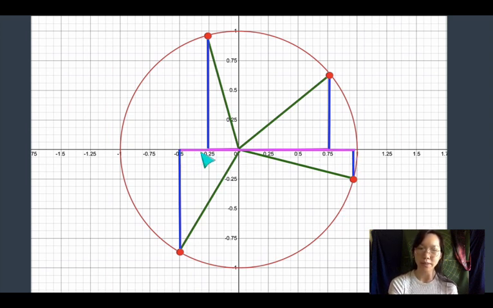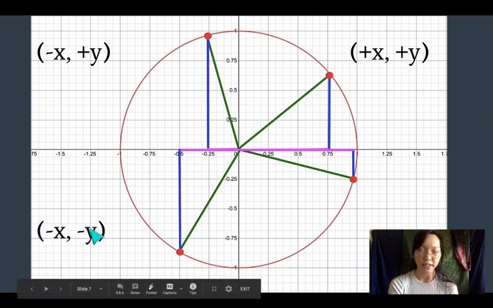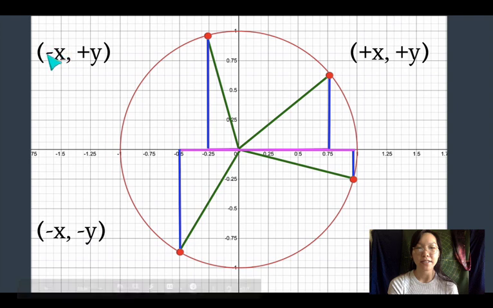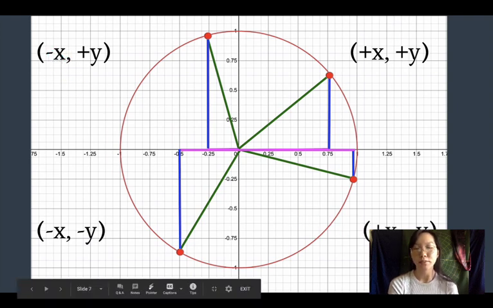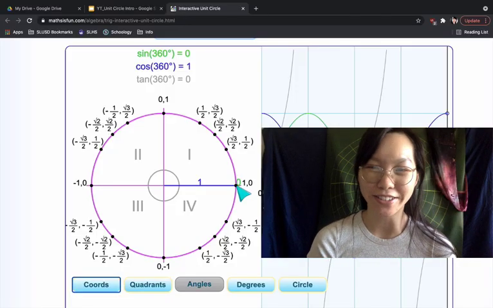The x coordinate being these pink lines and the y coordinates being these blue lines. Also, it's good to keep in mind that all of these coordinates are the same as in middle school. It's always positive over here, always negative over here. On the top left, the x coordinates are negative, but on the bottom right, the y coordinates are negative. All right, you are ready to learn about the unit circle.